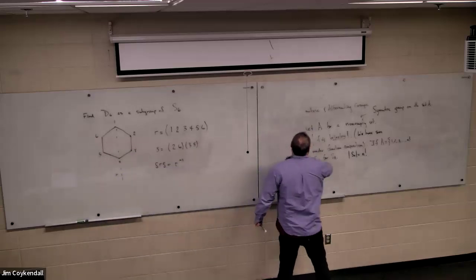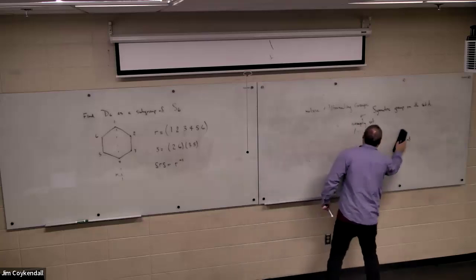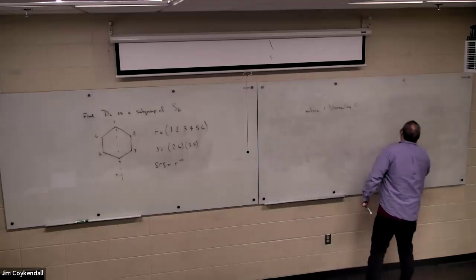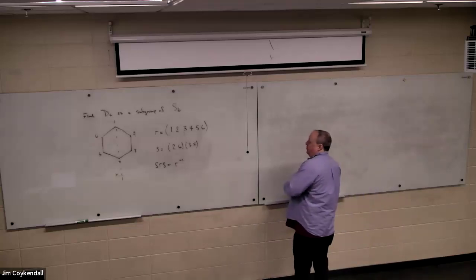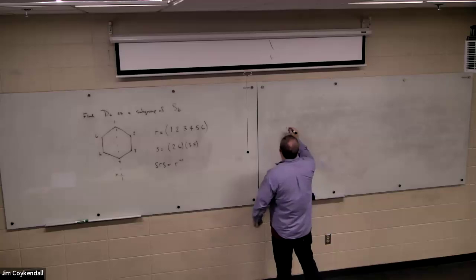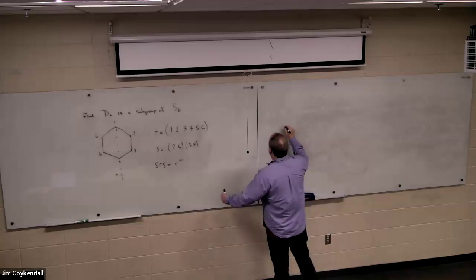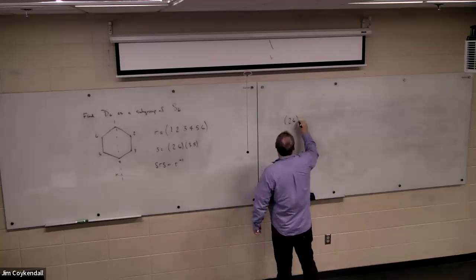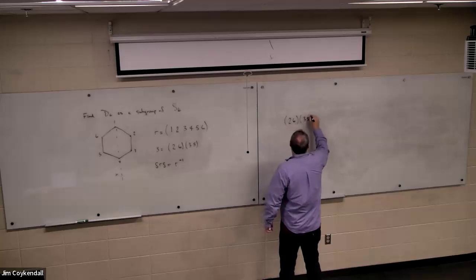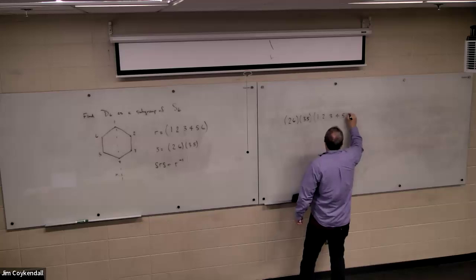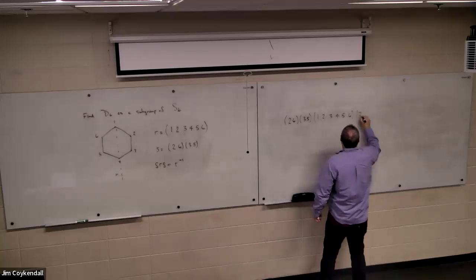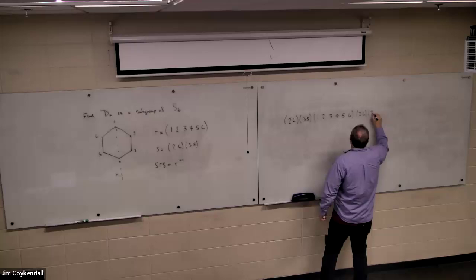We've done a similar one here with the pentagon, but I think this is worth seeing again. This is good practice for our multiplication, so let's do SRS. That is 2, 6, 3, 5, then 1, 2, 3, 4, 5, 6, then 2, 6, 3, 5.